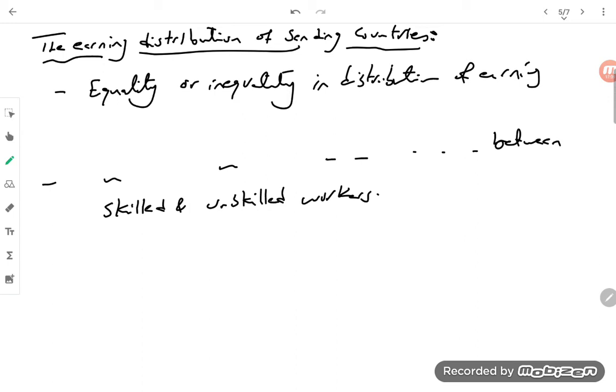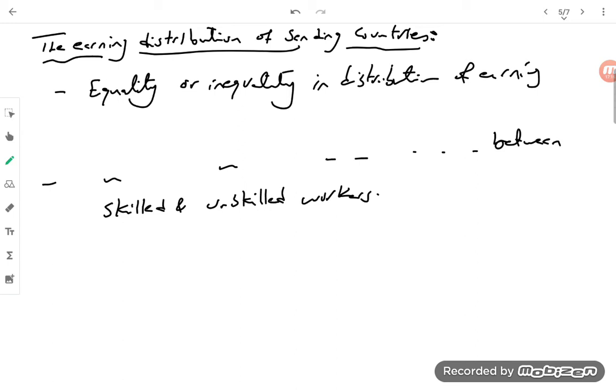So in point number one, we would like to talk about distribution in general among the total population, while in point number two, in a specific industry, distribution among skilled and unskilled workers.